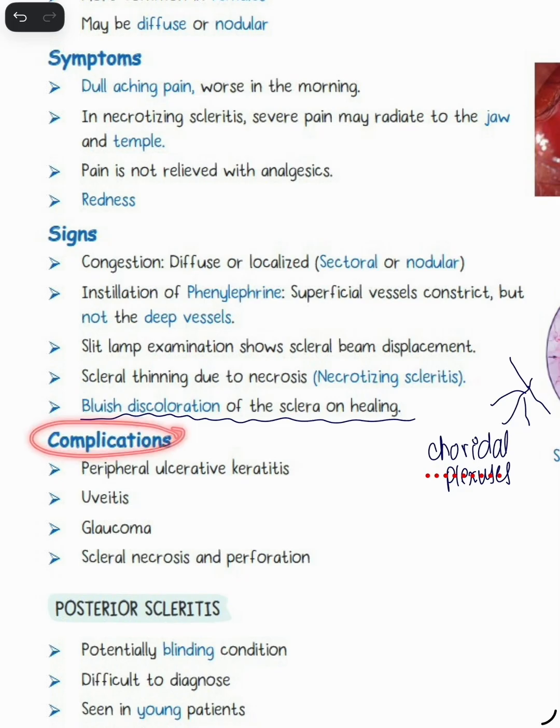If it moves anteriorly, it can affect the cornea and cause peripheral ulcerative keratitis, ulceration of the cornea. And if it moves deep, then it can involve the uvea and cause uveitis and glaucoma. And due to scleral necrosis, the thinned sclera can easily perforate.